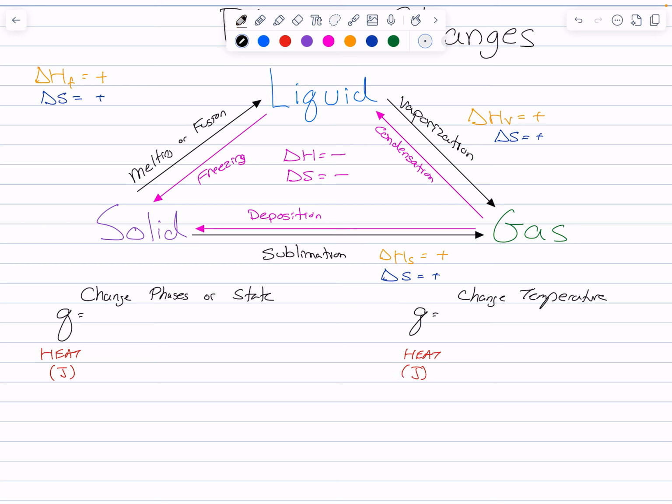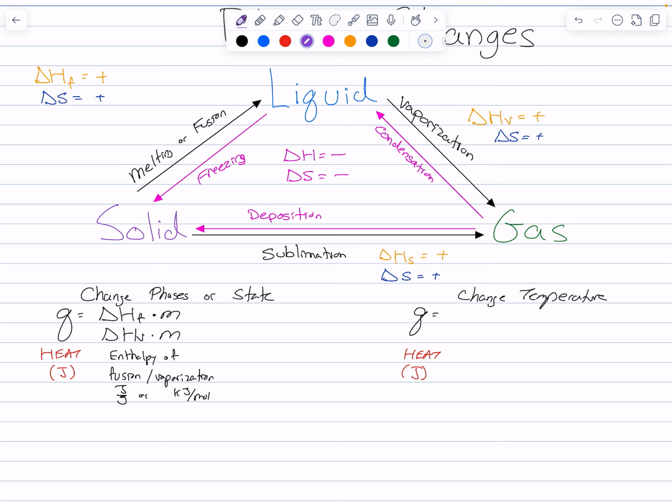For changing a state, we have delta H fusion times the mass, or delta H vaporization times the mass, or it can even be delta H sublimation. It's the delta H times the amount. And so our enthalpy of fusion or vaporization can be in joules per gram or kilojoules per mole.